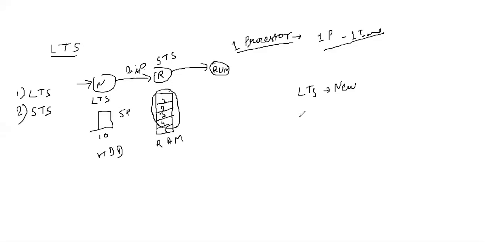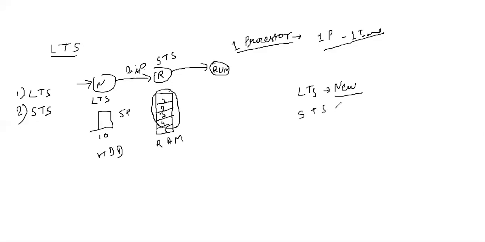Please make sure I am not speaking in terms of a specific data structure, saying that a queue is the only data structure used to store processes one by one. In general terms, if I have 10 different processes, I call them one queue. So, the long-term scheduler is related to the new state and new queue.